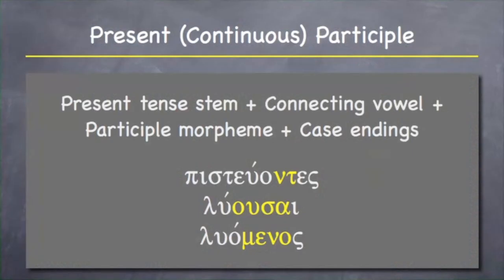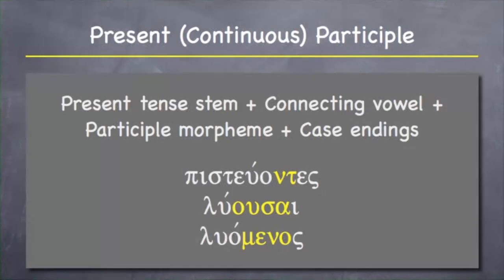And finally, for review, let's just remind ourselves how the participle, in this case the present participle, is put together. The present participle is comprised of the present tense stem of the verb, a connecting vowel, and then a participle morpheme and case endings. And so you get a form like pistuantes.